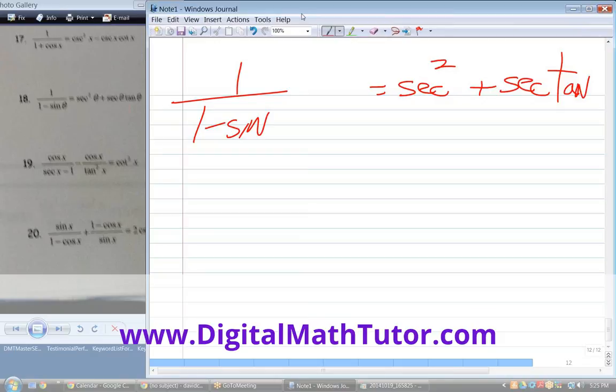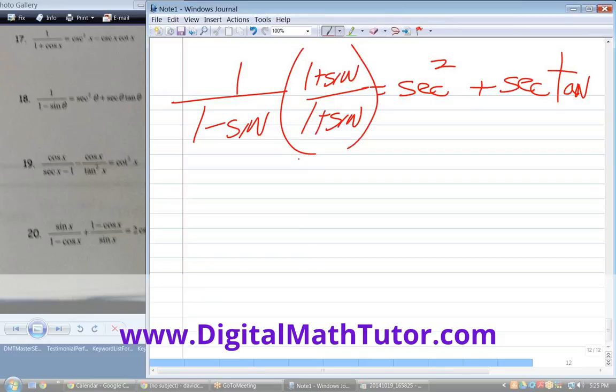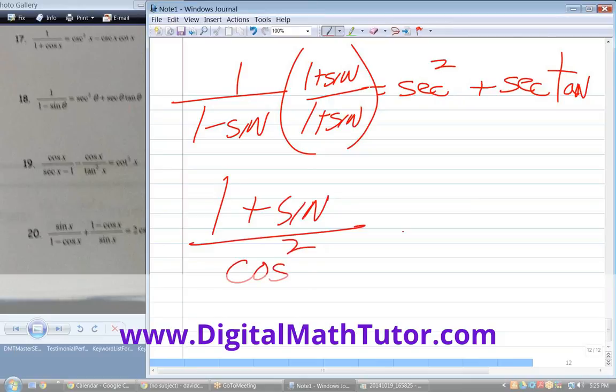So let's do the same thing. Multiply by the conjugate. Because the one thing we know for sure is when we multiply by the conjugate, the bottom turns into 1 minus sine squared, which can be replaced with cosine squared. So we end up with 1 plus sine in the numerator and cosine squared in the denominator.